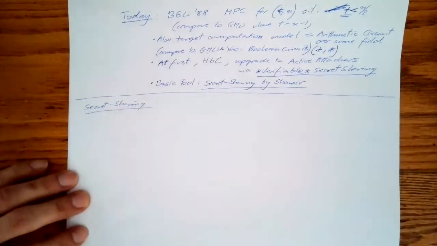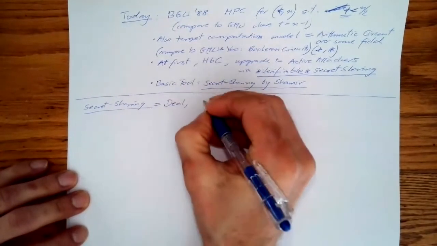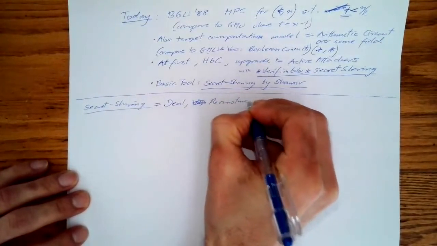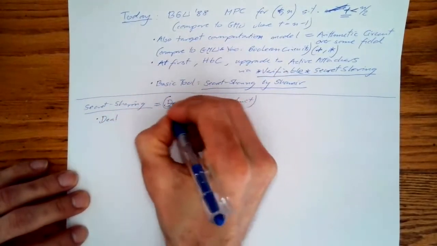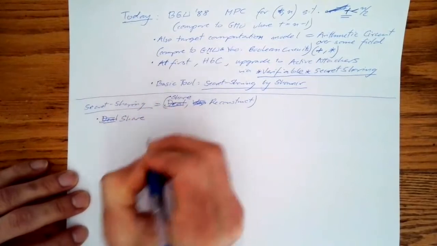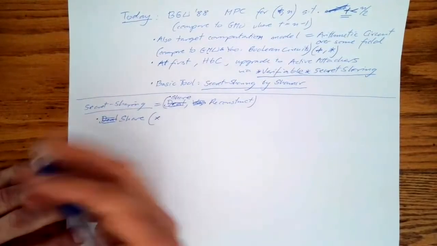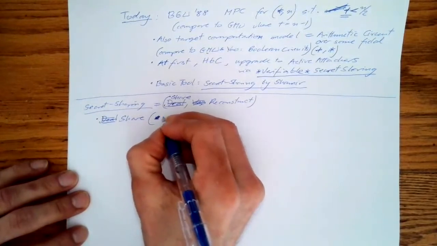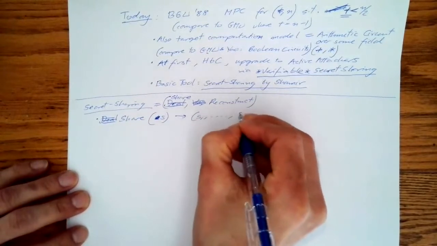Secret sharing is two algorithms: an algorithm to deal and an algorithm to reconstruct. With the syntax that the deal, or I guess this one is called share, the share algorithm shares a secret, let's call the secret S, into shares S1 to Sn.